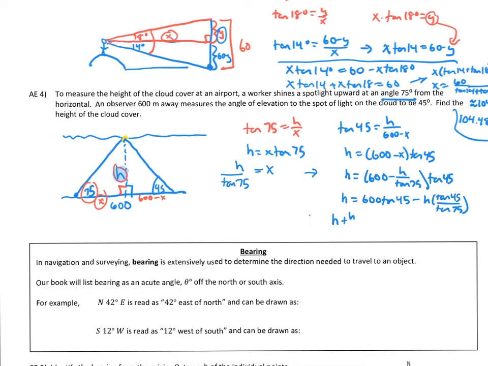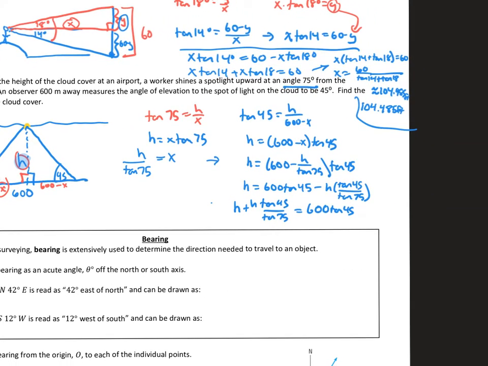h plus h tangent 45 over tangent of 75 will equal 600 tangent of 45. Scroll over just a little bit. And once again, not much room. Factoring out that h, I will get h times 1 plus tangent of 45 over tangent of 75 would equal 600 tangent of 45.